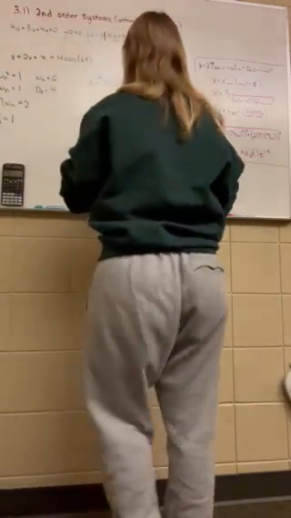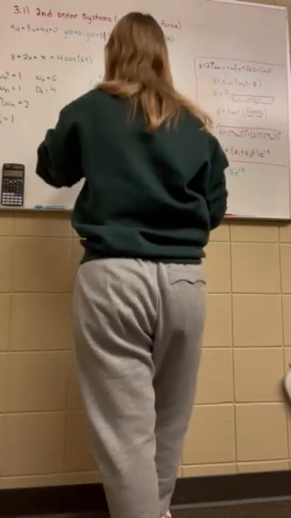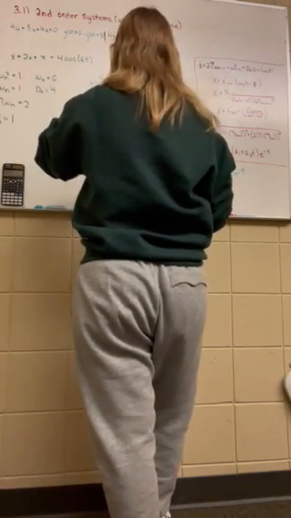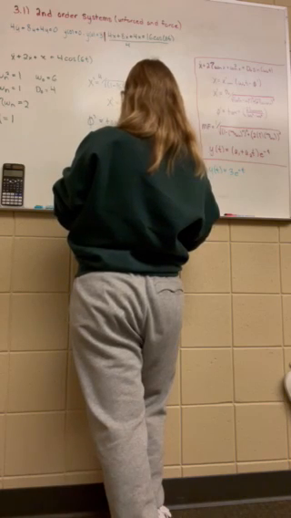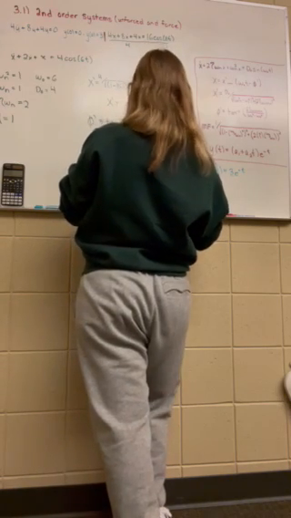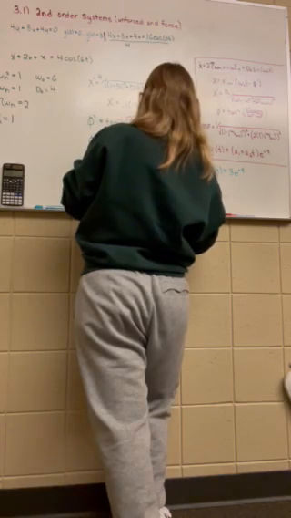So 0.108 times the cosine of 6t, and then plus 18.92 degrees.